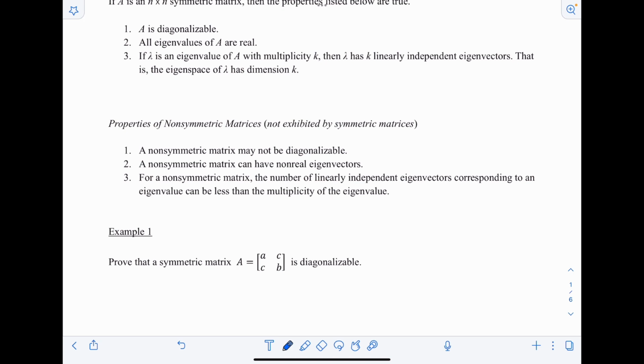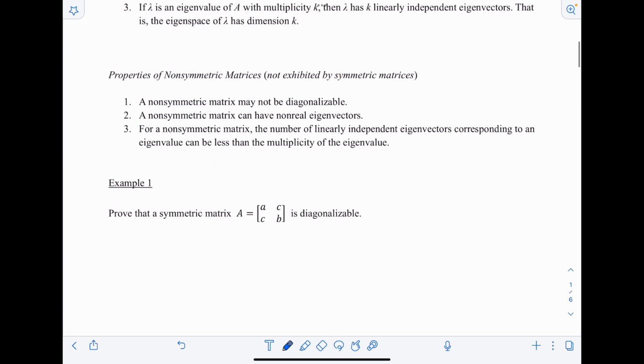It can have non-real eigenvalues. They could be real, they could be non-real, they could be a mix of both. And the number of linearly independent eigenvectors corresponding to an eigenvalue can be less than the multiplicity. If it's symmetric, it has to be equal to the multiplicity. If it is non-symmetric, it may or may not be. It could be equal or less than the multiplicity.